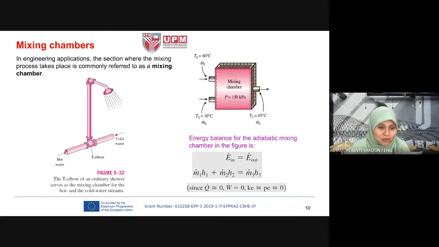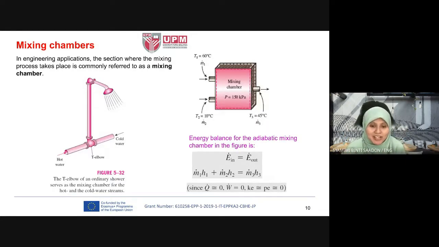So we have to mix both of these, hot and cold, to get warmer water for us to shower. So this part is some sort of mixing chamber. It doesn't have to be rectangular like this. Anything that mixes the section, or anything that can mix two process flows, we refer to it as a mixing chamber. Bila kata chamber tak semestinya dia mesti kena ada kotak ataupun satu macam bilik kebuk tu, tak.